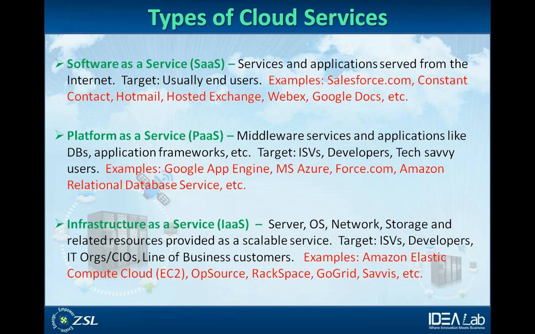Examples are Google App Engine, Microsoft's Azure Cloud, which is actually called Windows Azure, Force.com, which is actually an API-driven platform for Salesforce.com, so you can write your own CRM application, but it uses the Salesforce.com engine. Amazon's relational database service, which is part of their AWS, Amazon Web Services.